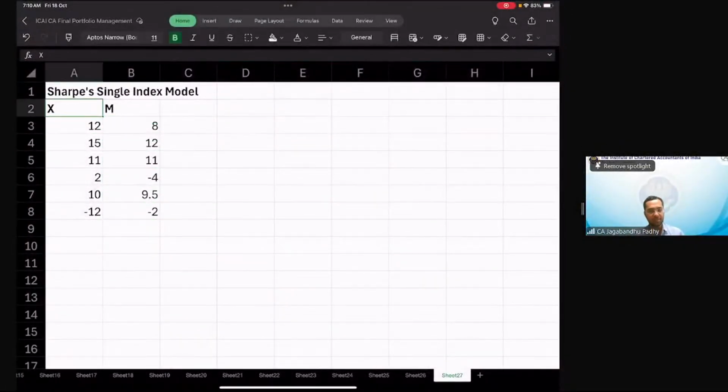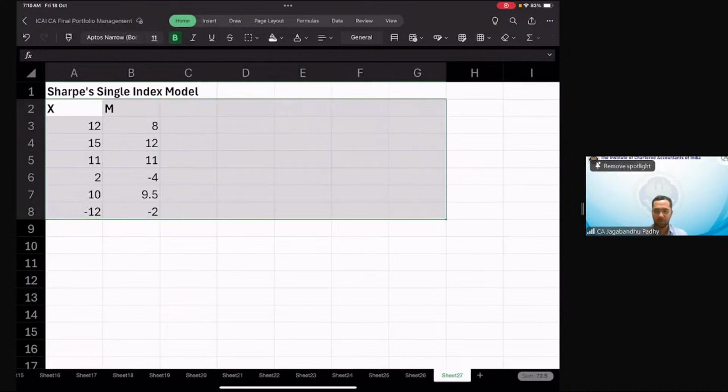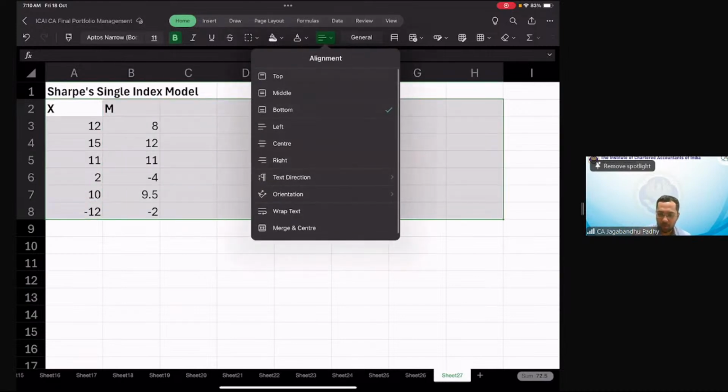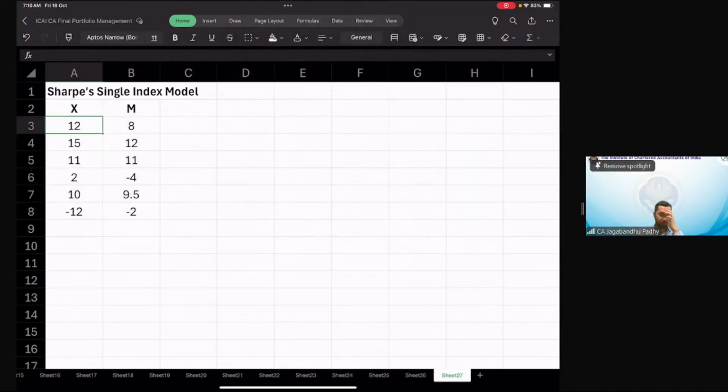Okay, so these are the returns that we have got for the security and the market.